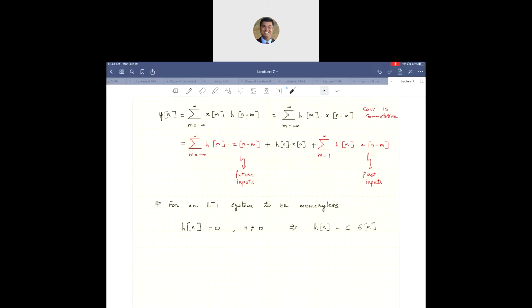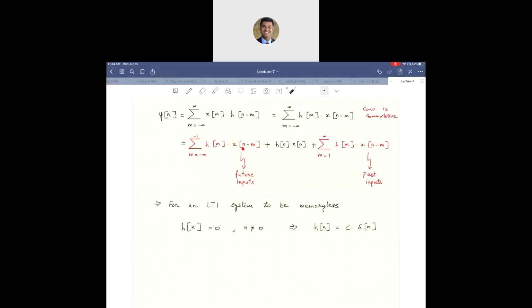And as you can see here, x of n minus m for m between -infinity and -1, those are all future inputs. Similarly, for the last term, x of n minus m for m going from 1 to infinity, those are all past inputs. So if the memoryless system doesn't depend on future inputs and past inputs, then those summations should contribute nothing.